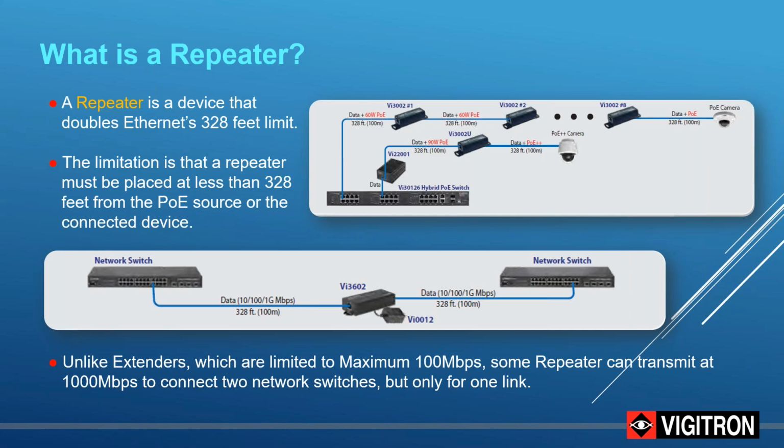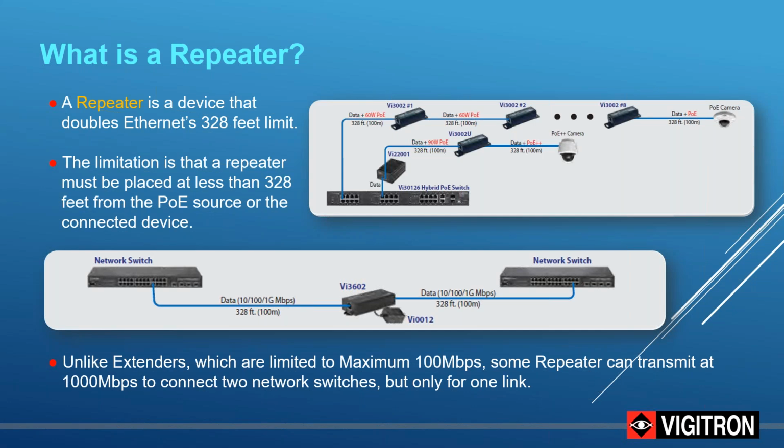And therefore, it's one device compared to an extender, which requires at a minimum 2 devices. The problem with repeaters is if we are dealing with areas where the cable runs are not accessible, we cannot position the repeater in an area that we can't get to, such as a conduit, and that creates a problem.